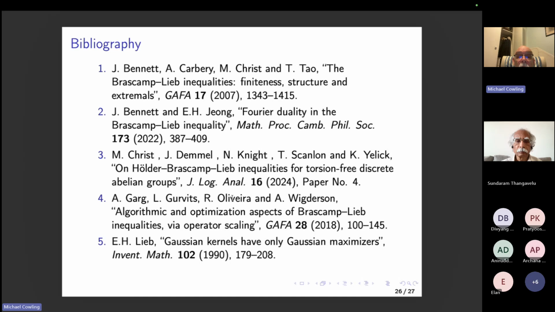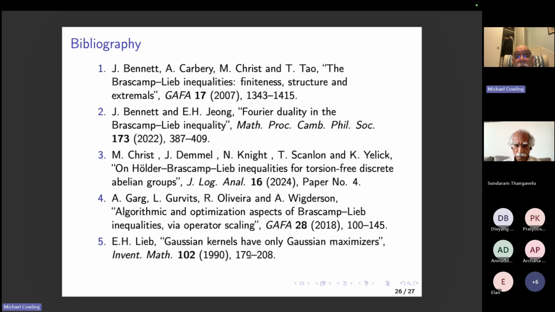And this other paper is by computer scientists. At least some of these are computer scientists at Princeton, and they're trying to show that you can actually check whether a Brascamp-Lieb inequality holds or not in finitely many steps rather than having to check countably many or uncountably many inequalities.